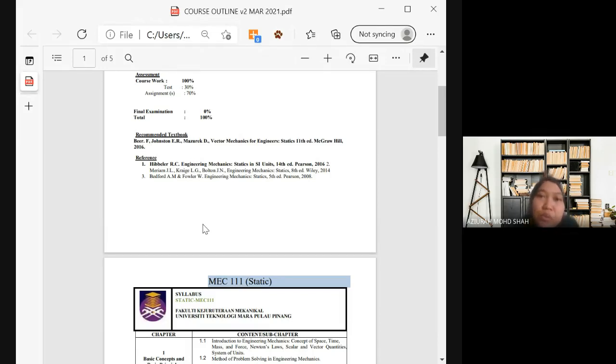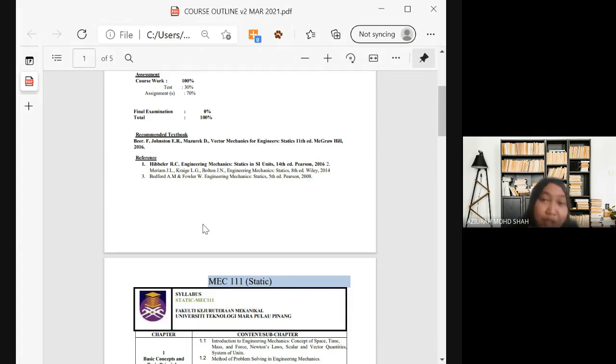Tapi because you are now in a digital area, so we go for the digital. Cuba you tengok kalau ada e-book. Saya ada tapi saya tak boleh nak bagi semua, sebab ada something yang it's not in the proper way. Jadi saya tak boleh nak distribute dekat kamu.